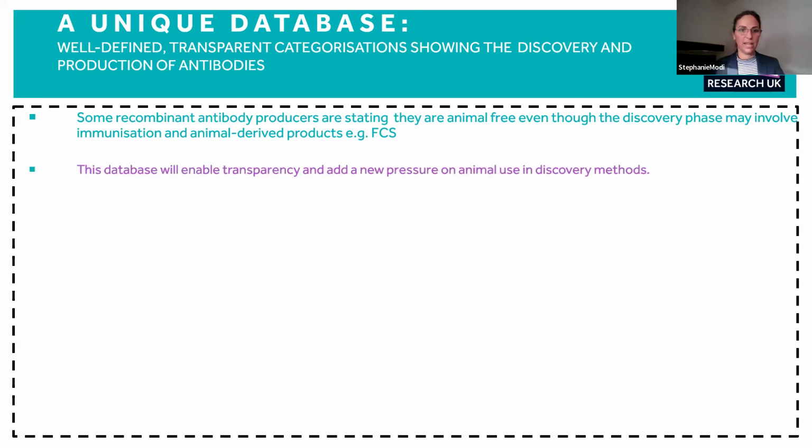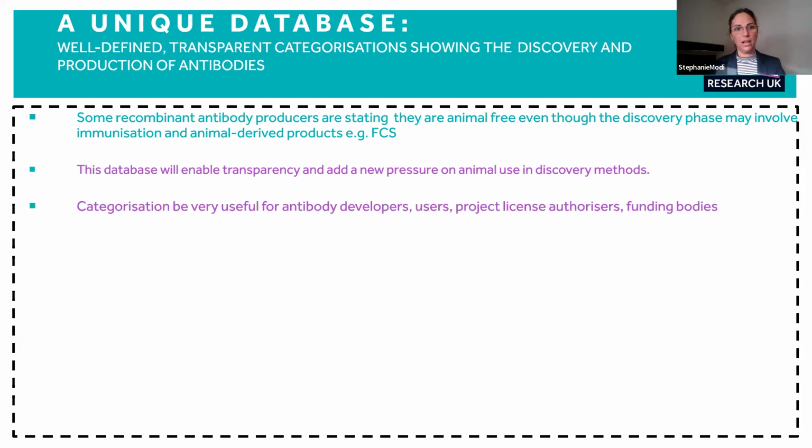So the database will add this transparency and also potentially a new pressure on suppliers to move to less animal use in their discovery methods. The categorizations might also be really useful for antibody developers, and we have, in fact, 10 categories.